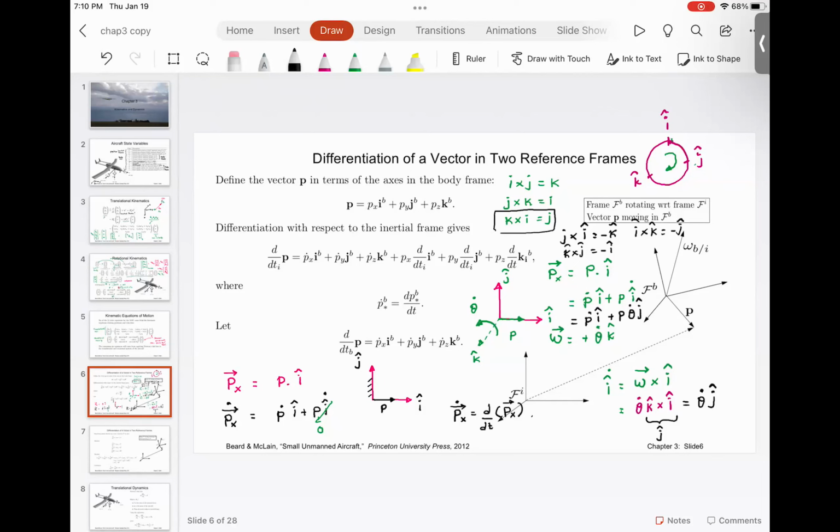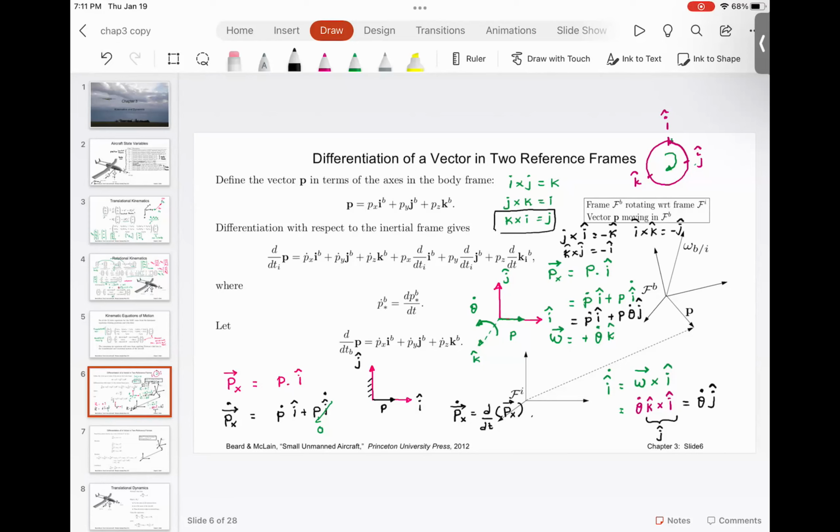Which means now, since you have a frame that is subjected to rotations about 3 mutually perpendicular axes, you have the result Px dot I plus Px theta, so the first guy is 0.